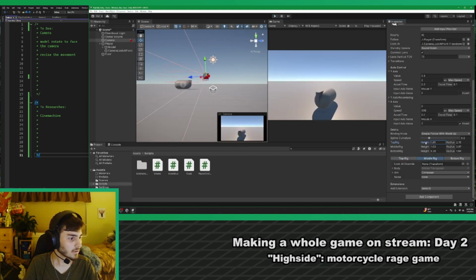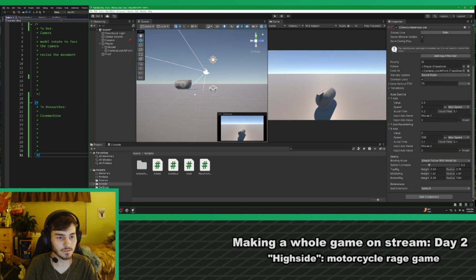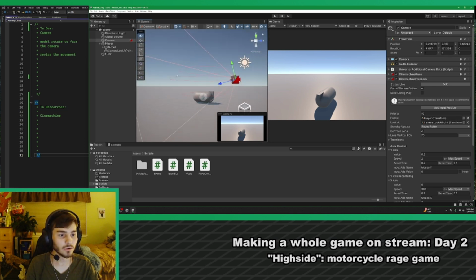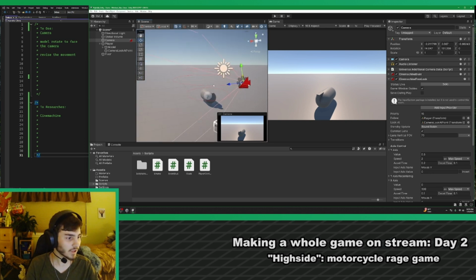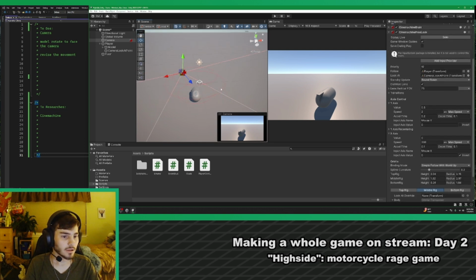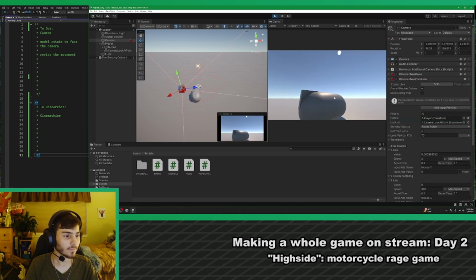Probably. Not that. So I think the goal is roughly to get the middle rig where the camera should be, or the player will want the camera for the majority of gameplay. Okay.